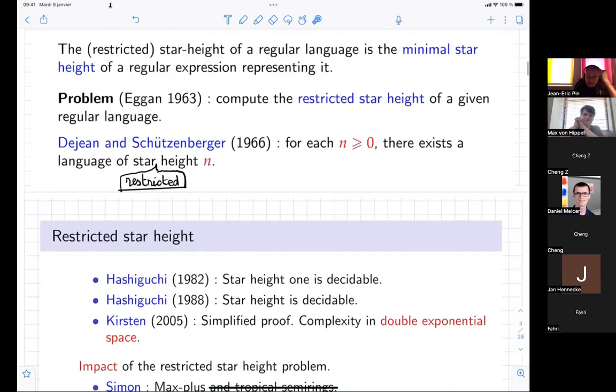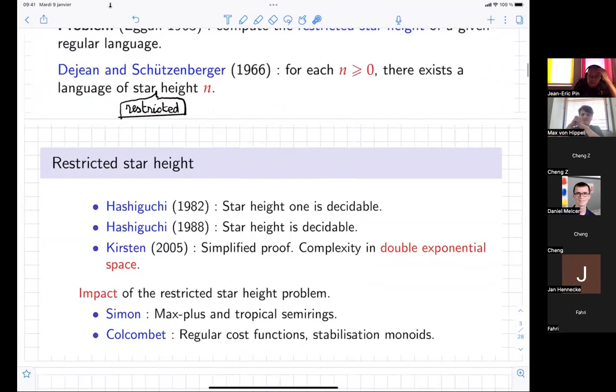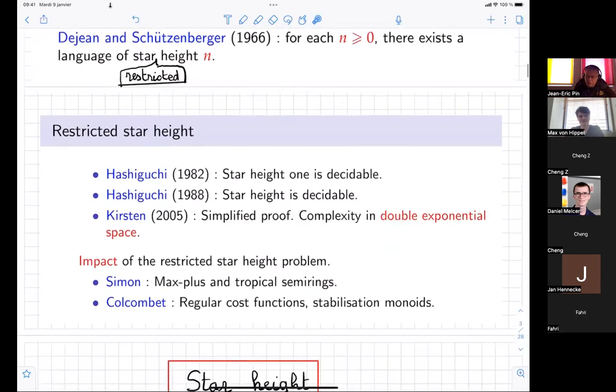Anyway, this first proof by Hashiguchi was almost unreadable, basically. But fortunately, Kirsten gave a much simplified proof, still very difficult, but it could be understood. Moreover, the complexity of this algorithm is now known to be in double exponential space.